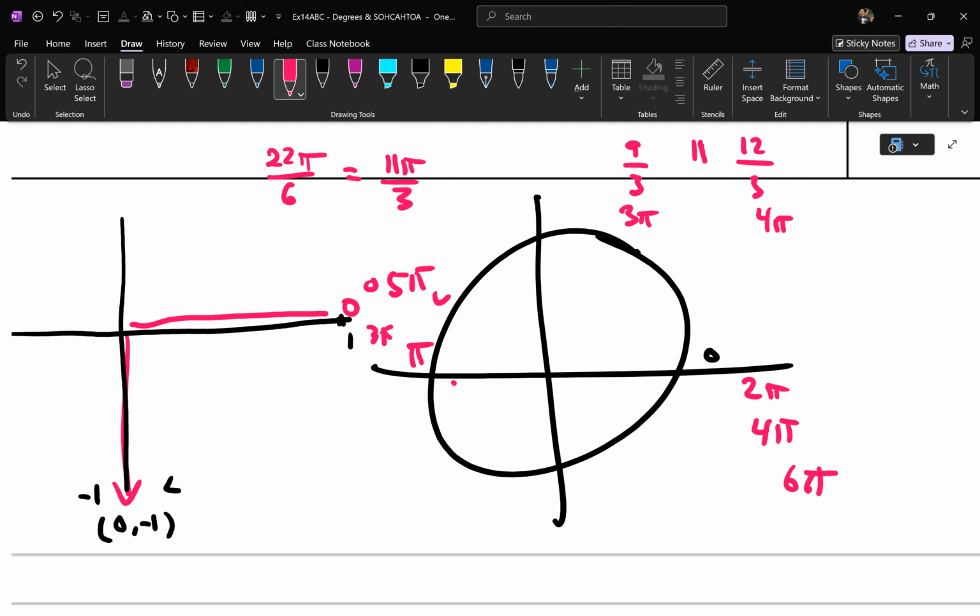So when I ask you, where's 11 pi on 3, it's clearly going to be closer to 4 pi than it is 3 pi. Because 3 pi is over here, 4 pi is over there. If it's closer to 4 pi, it must be somewhere in quadrant 4. See the logic? Now we actually have to work out what 22 pi on 6 is in degrees.